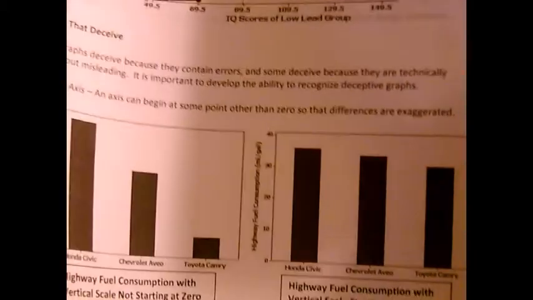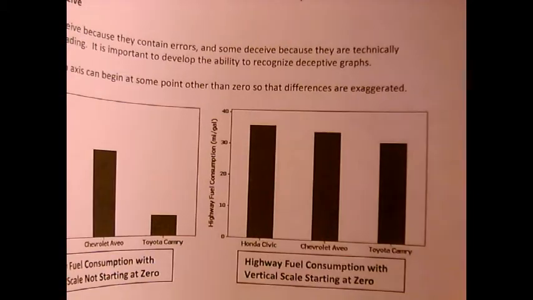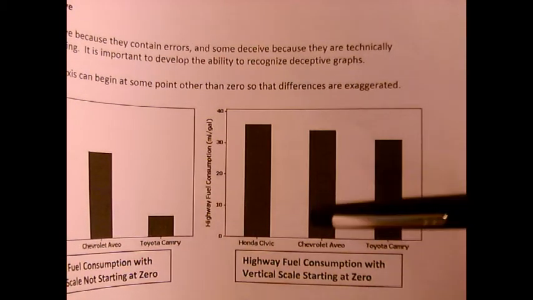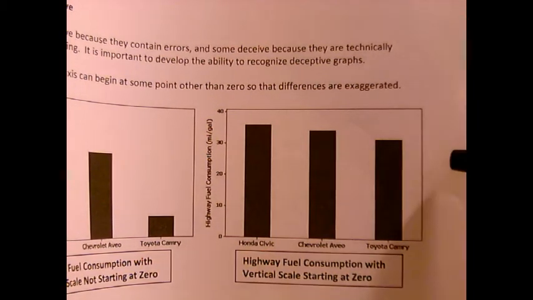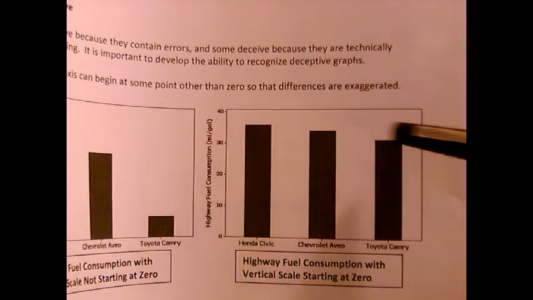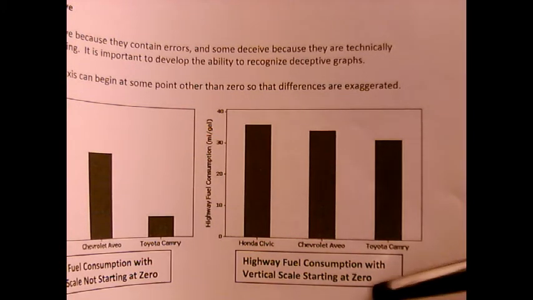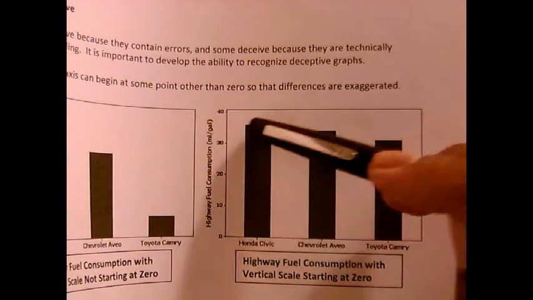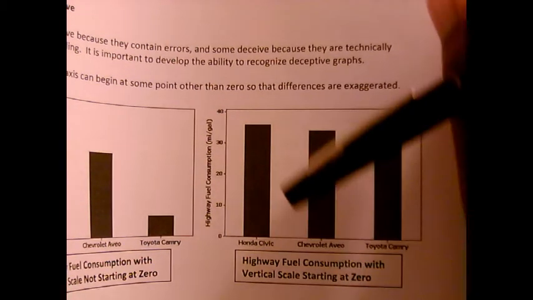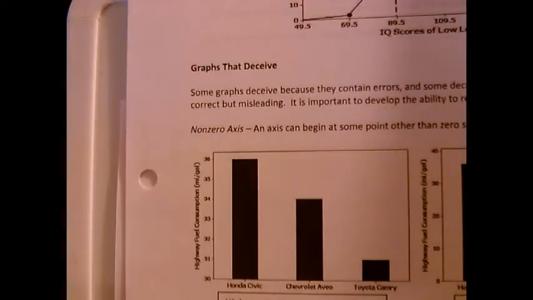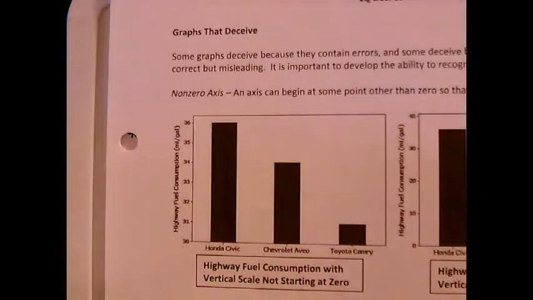Now, if you look at the one on the right-hand side, if you start at 0, you can see that it's a fair graph. It's starting at 0. Okay? Whereas, with this one on the left, that might be a little bit exaggerated.